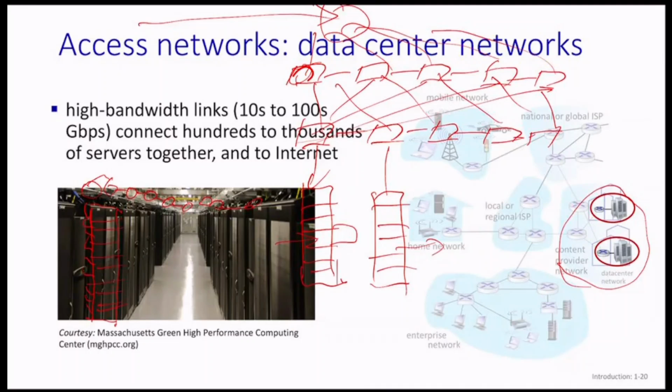And there are two features for the data center. One is large bandwidth, because there are several, several servers. For example, if you open your Google Doc, that means cloud computing, Google Cloud, will give your file from one server immediately.